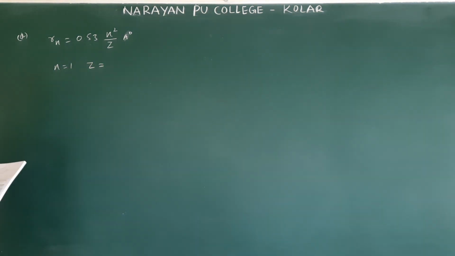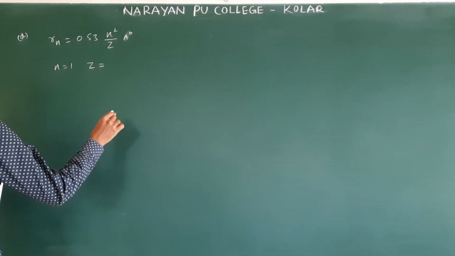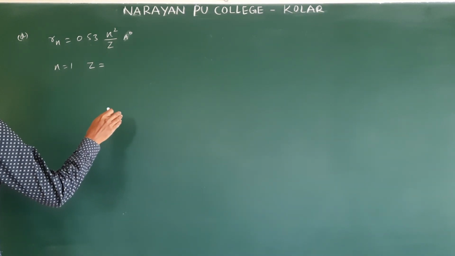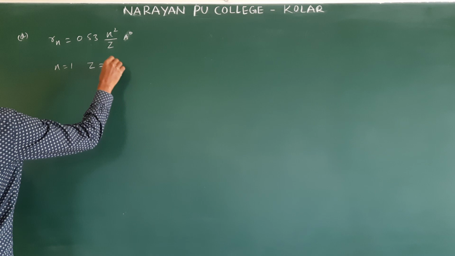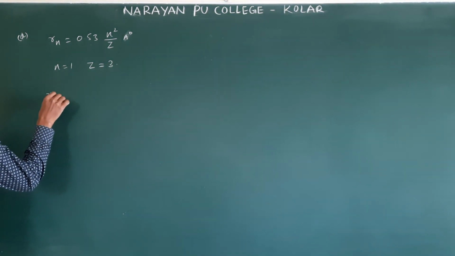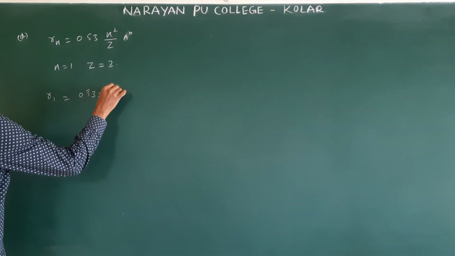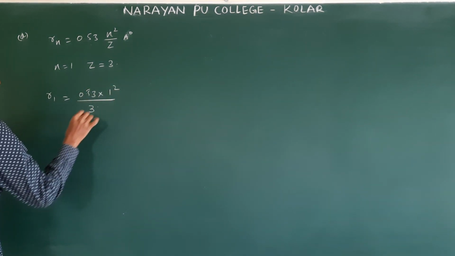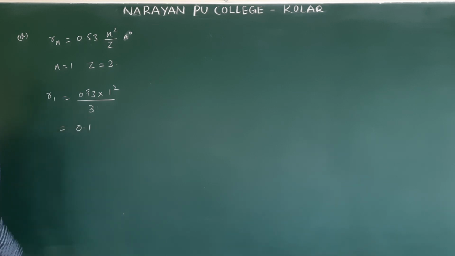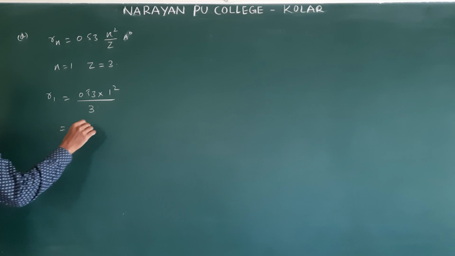For lithium, hydrogen, helium, lithium, so the Z value is 3. Then substitute: R1 is equal to 0.53 into 1 square by 3. So 0.1, 23.